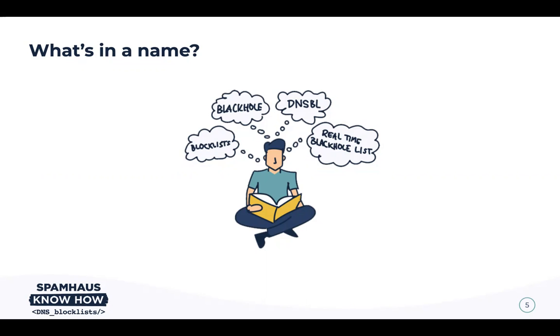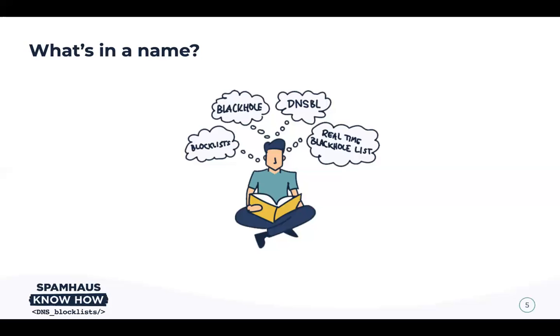It's a data set that is in the end used in a DNS way. DNS is basically the method of accessing this data set. There are other ways you can use the same data. We also offer the same data over an HTTP API endpoint.